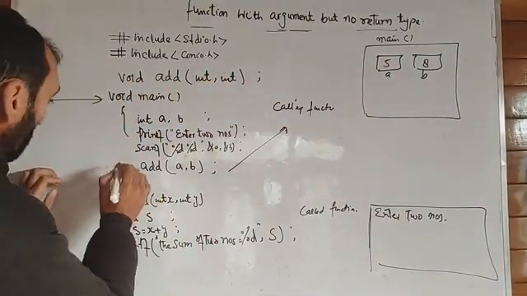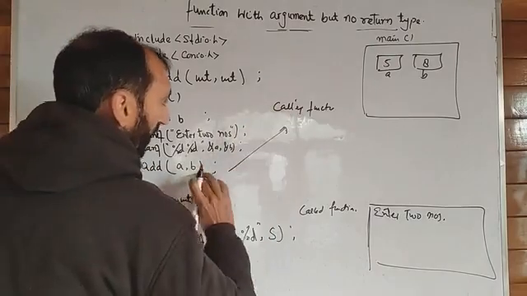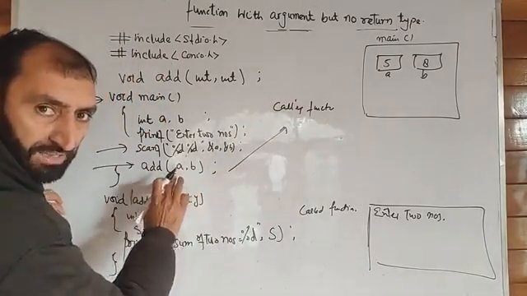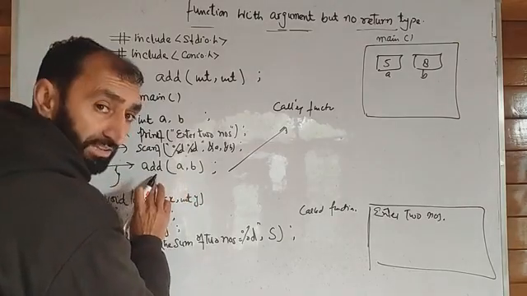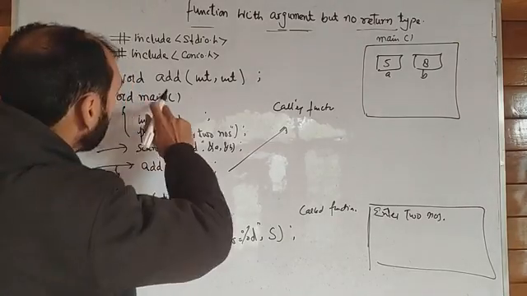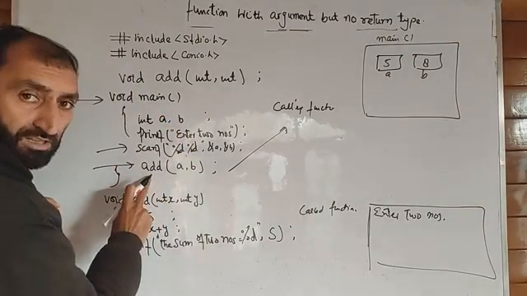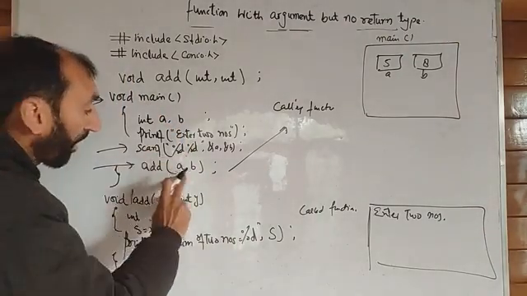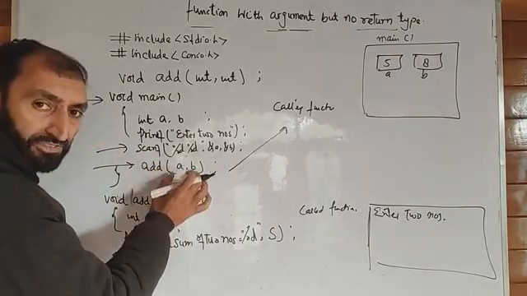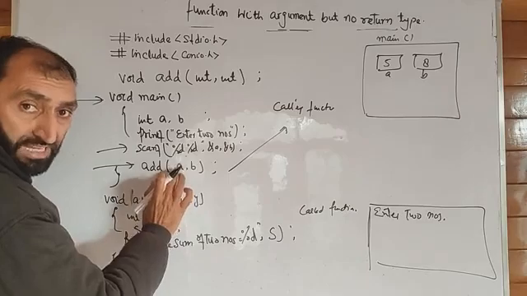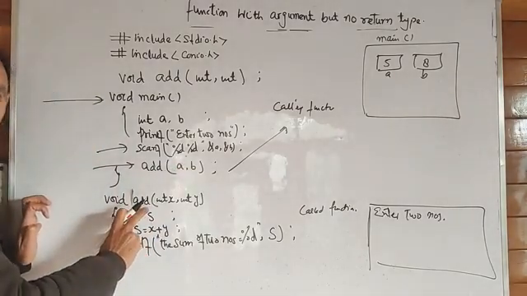Then the control will reach here: add a, b. You can see a function call. Here the function add is going to be called by the main function. Along with calling the function, the two arguments, a and b, are also going to be passed to this add function.